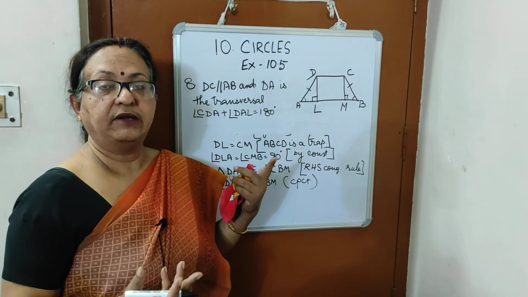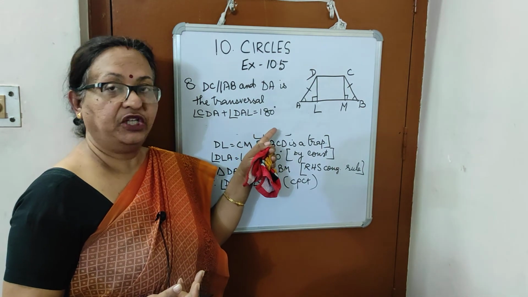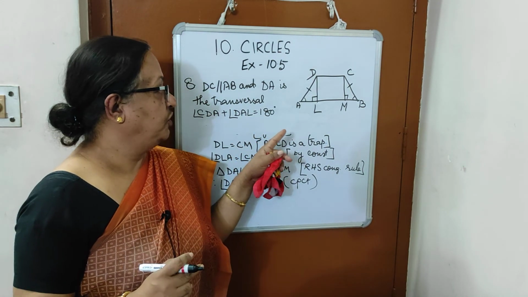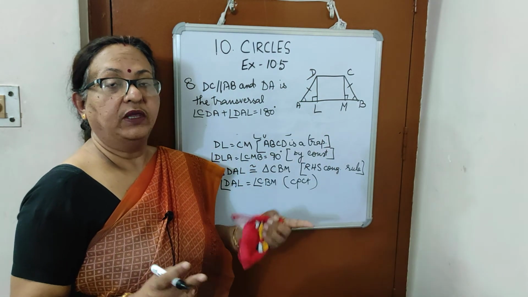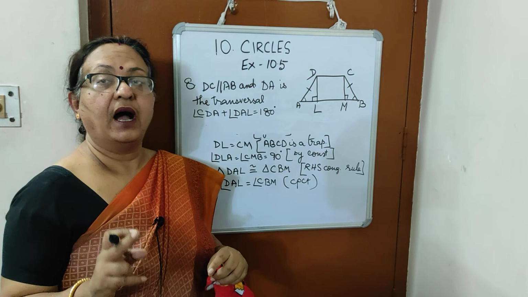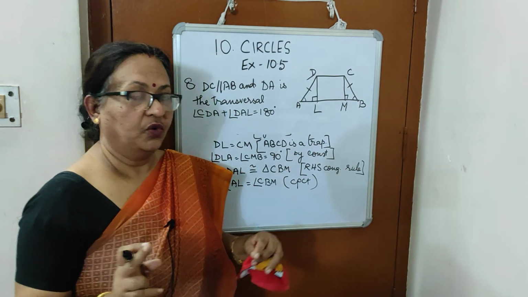Think, what is the reason why the sum is 180? Because you know, children, interior angles on the same side of the transversal are supplementary. This is known to you? Okay.